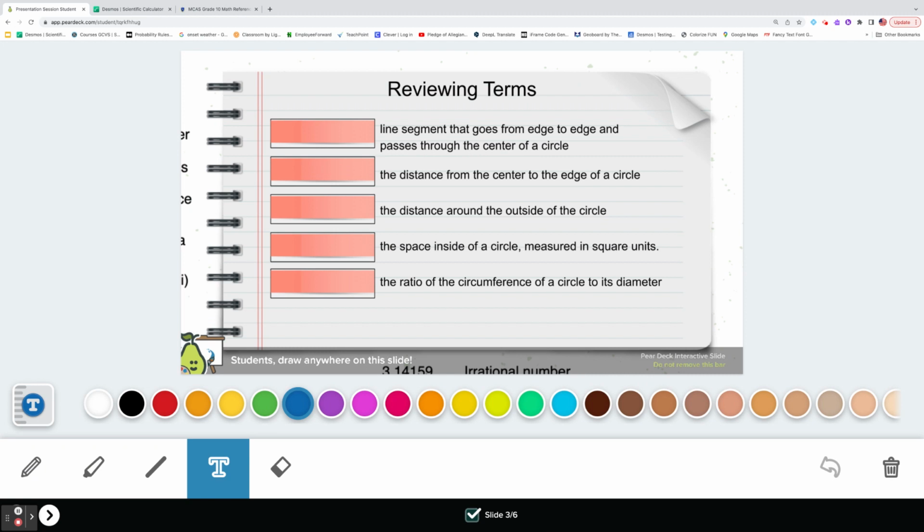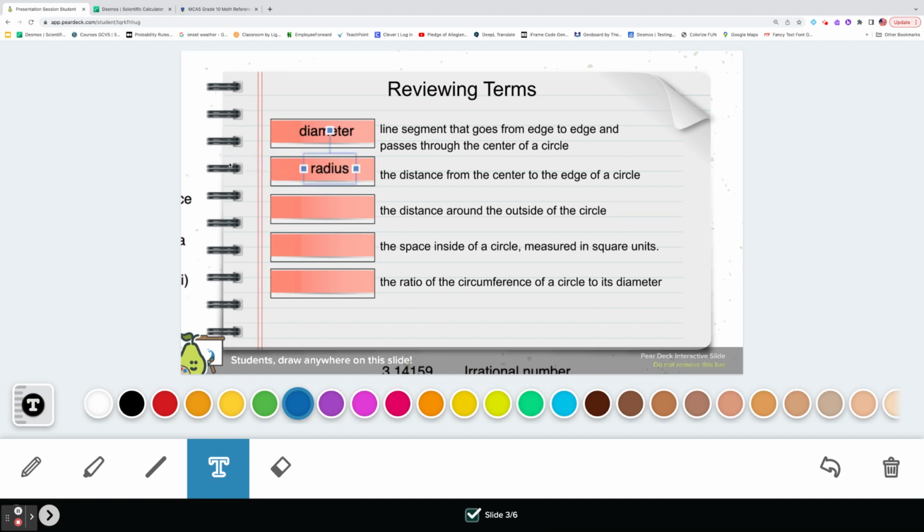So what is the line segment that goes from edge to edge and passes through the center of a circle called? Picture a circle, picture a line segment that passes through the center. That is your diameter. Now, half of that distance, the distance from the center to the edge of a circle, that is your radius.